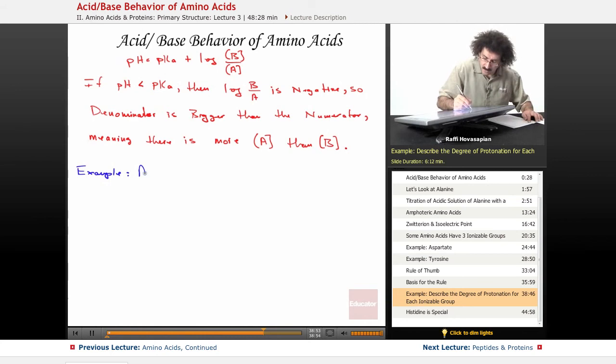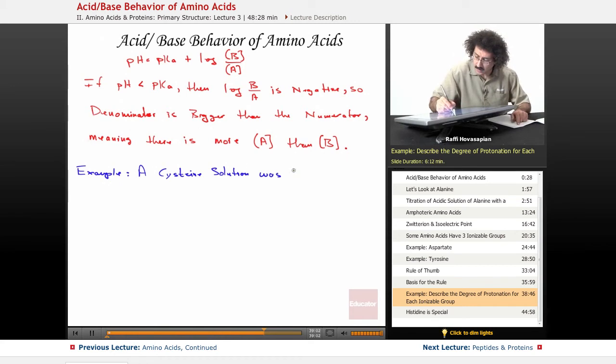Example. All right. So a cysteine solution was prepared and buffered to a pH equal to 8.2.